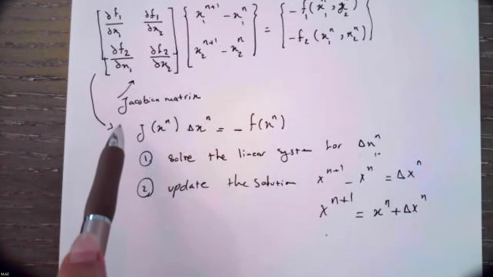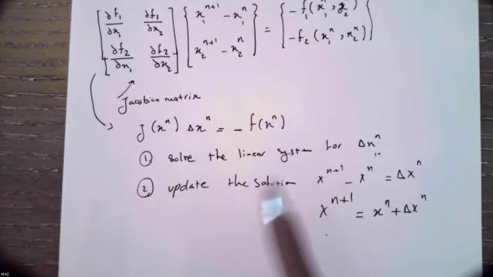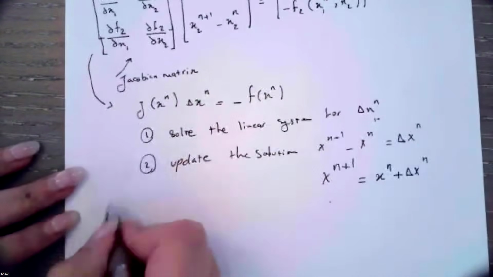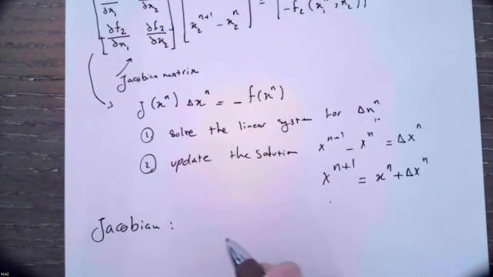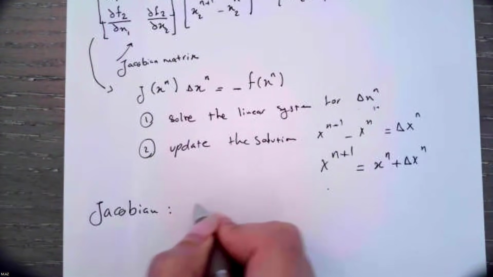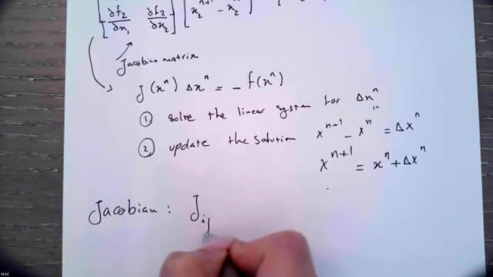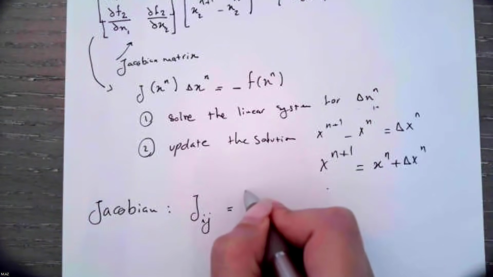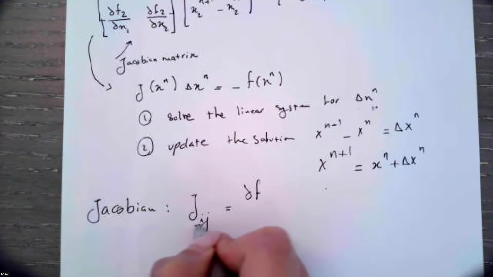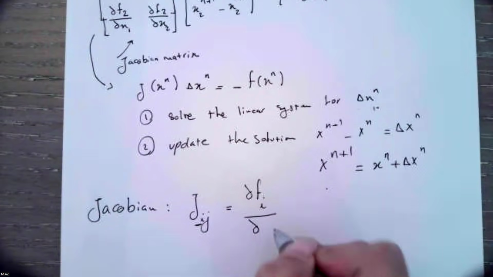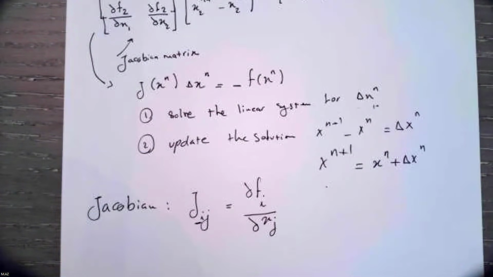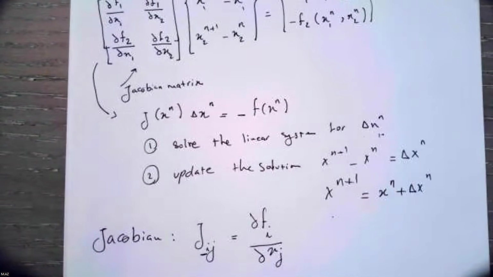In practice, it has 2 steps. First, we find the delta x, then we can find the value of x for the n plus 1 iteration. If I want to write the Jacobian matrix in general, J ij is the partial derivative of equation i with respect to the j variable. Now for these problems, this is just a quick review.